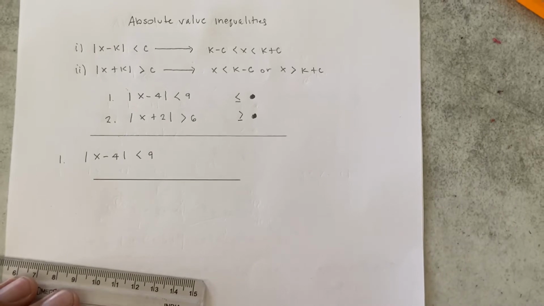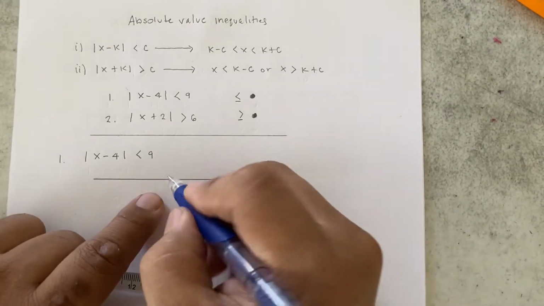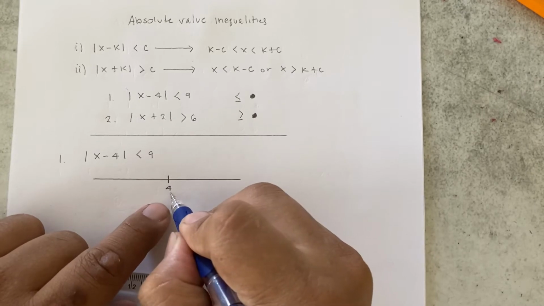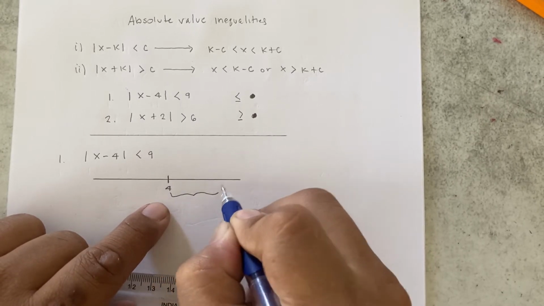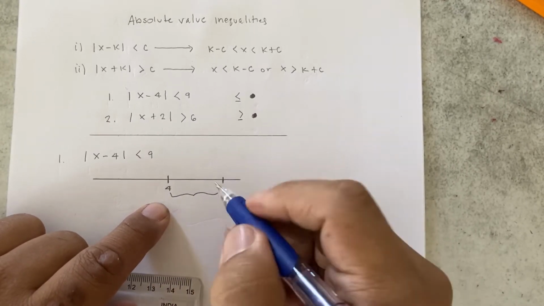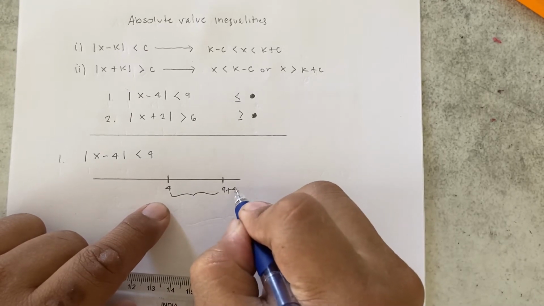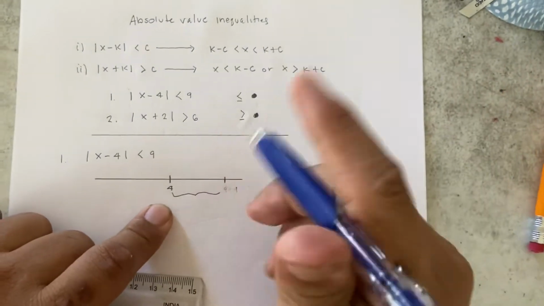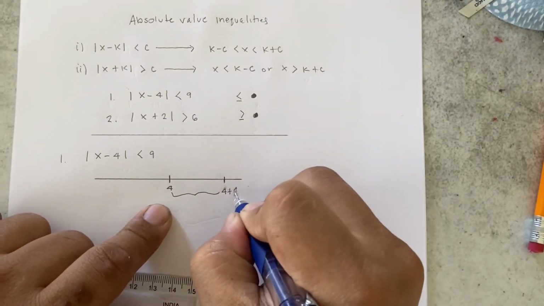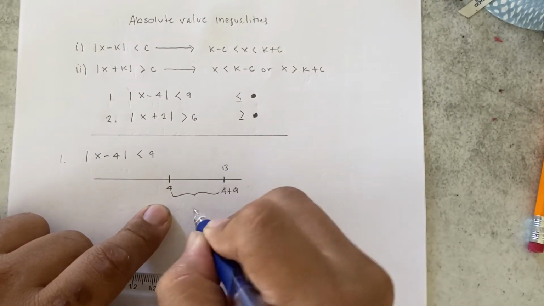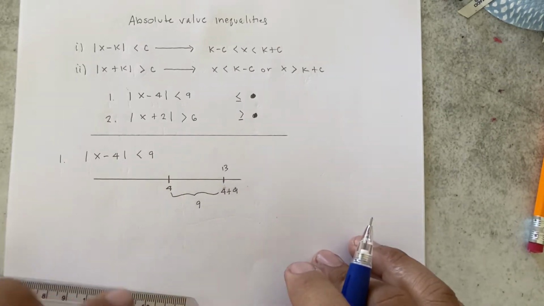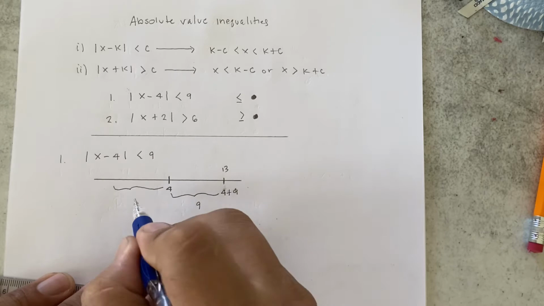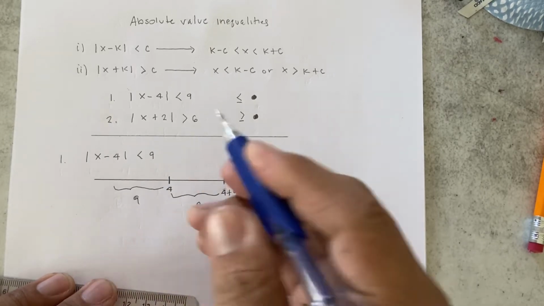So directly from the definition, if this is 4 on the number line, here's your 9 plus 4, or 4 plus 9, which gives you 13. So this length is 9. This length is 9.